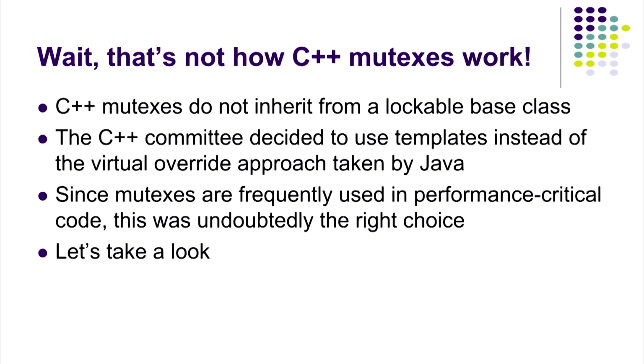That is not how C++ mutexes work. They do not inherit from a Lockable base class. And the C++ committee decided to use templates instead of virtual overrides. And since mutexes are frequently used in performance-critical code, this seems like a pretty solid choice to me. So let's take a look.